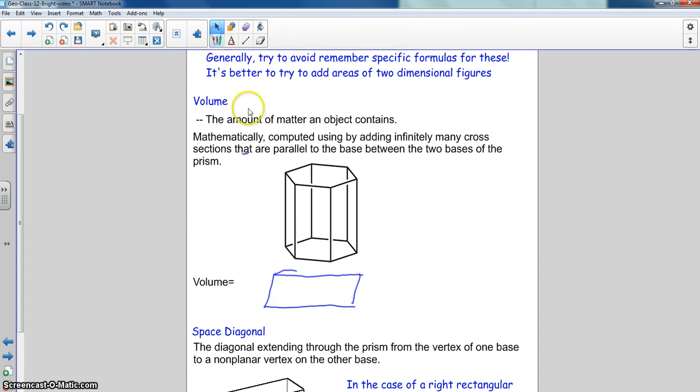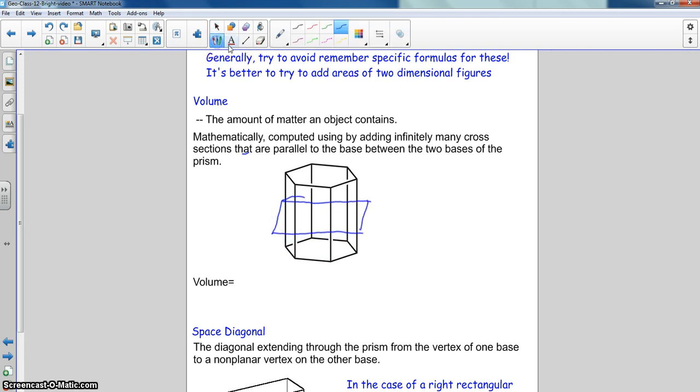Okay, so now I take this plane, and what I need to do is move that through my prism. Right here when I move this through, I need to look at the shape.